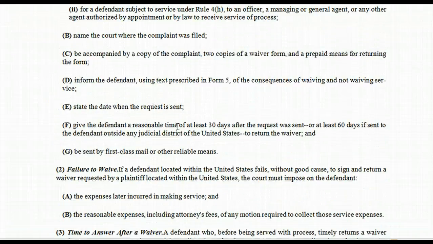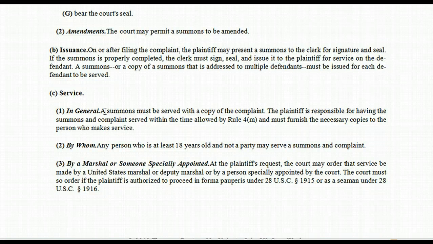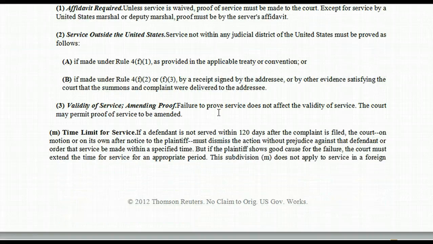And back in subpart 4(c), that's where it says a summons must be served with a copy of the complaint. The plaintiff is responsible for having the summons and complaint served within the time allowed by Rule 4(m). So Rule 4(m) is the provision that is discussed at length in the case, and I've reproduced in a footnote the correct version of Rule 4(m).